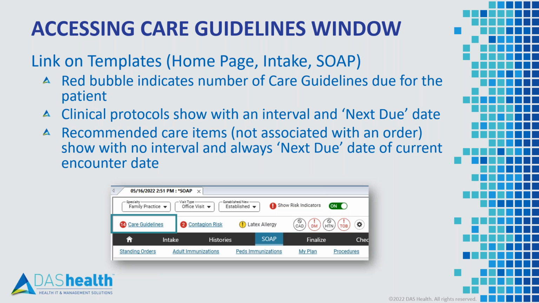We have, as Holland mentioned, that red bubble indicator that lets you know the number of care guidelines that are due for this patient. So, in this example, I can see there's 14 due for this patient, so 14 things that potentially need to be addressed. So again, hopefully it makes it very clear that there's something that needs to be reviewed.